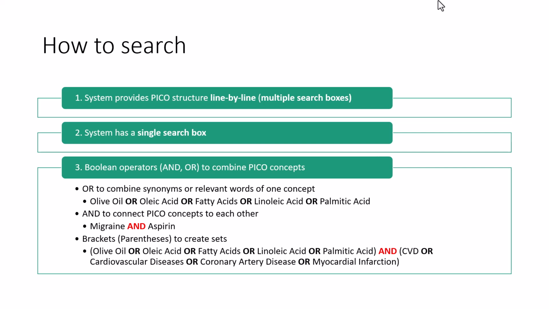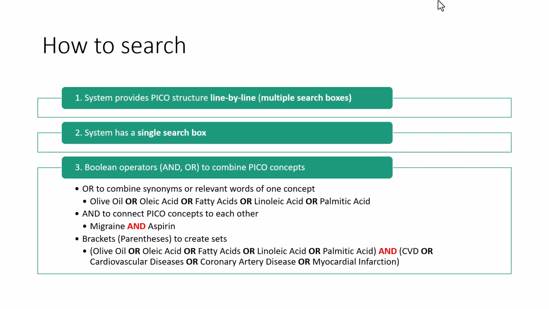And then we have another Boolean operator, which is AND, and we use AND to connect the PICO elements to each other. Here P and I, migraine and aspirin. What does it do? It reduces the number of results compared to searching any of these concepts alone. If you were searching migraine alone or aspirin alone, AND will get you documents that contain both migraine and aspirin.